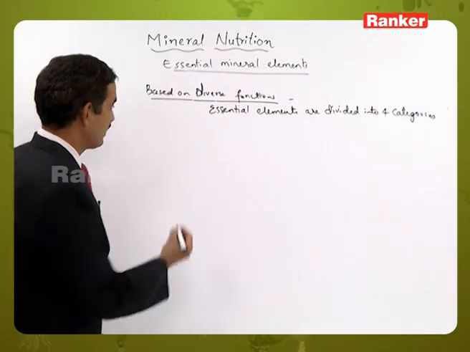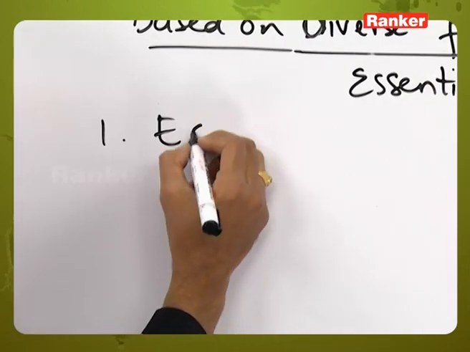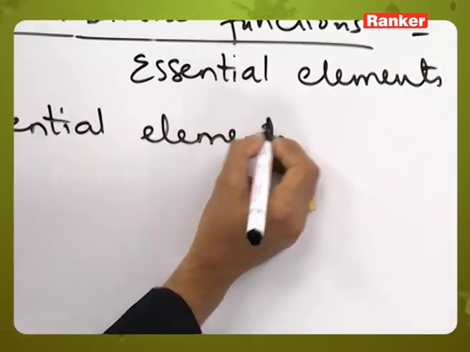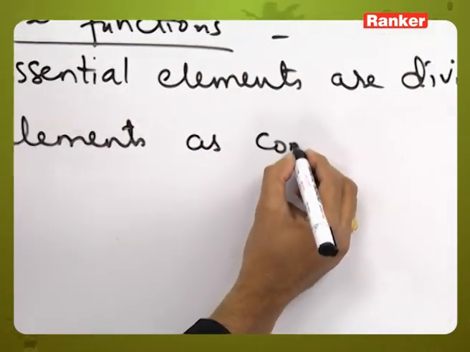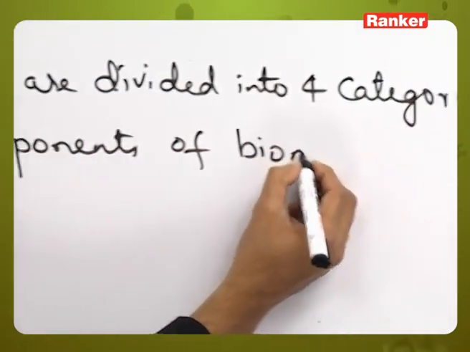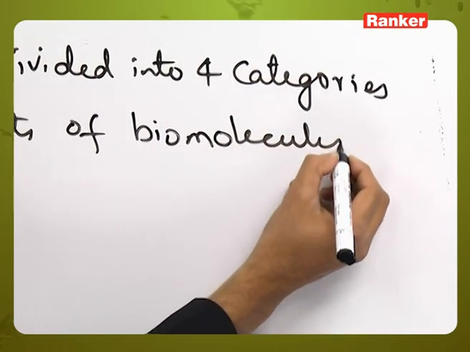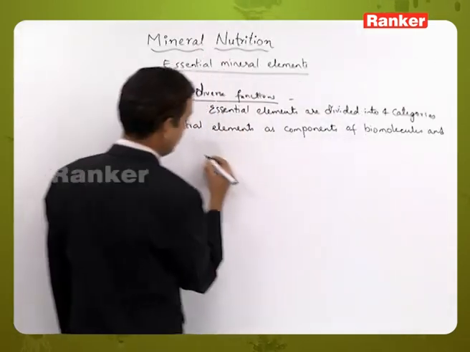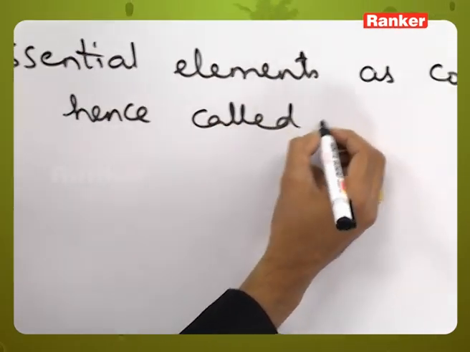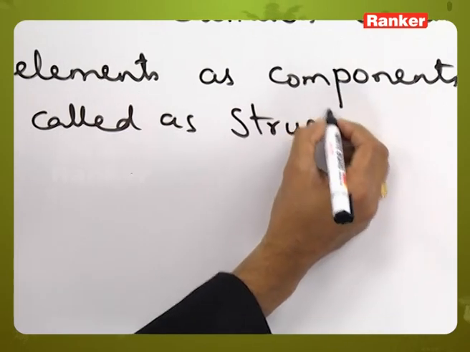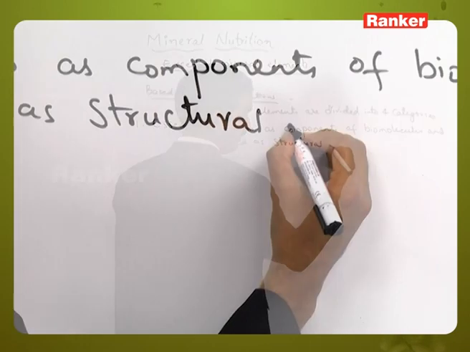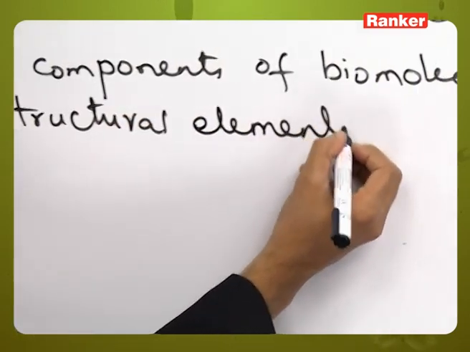Out of those 4, the first one is the essential elements as components of biomolecules, and hence these are called structural elements of the cells.